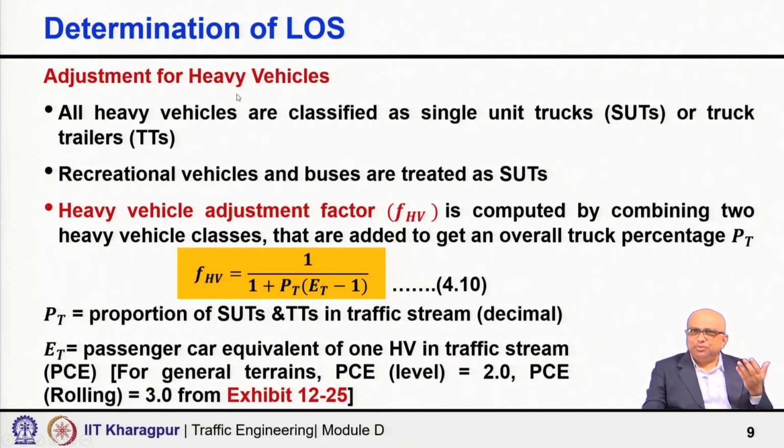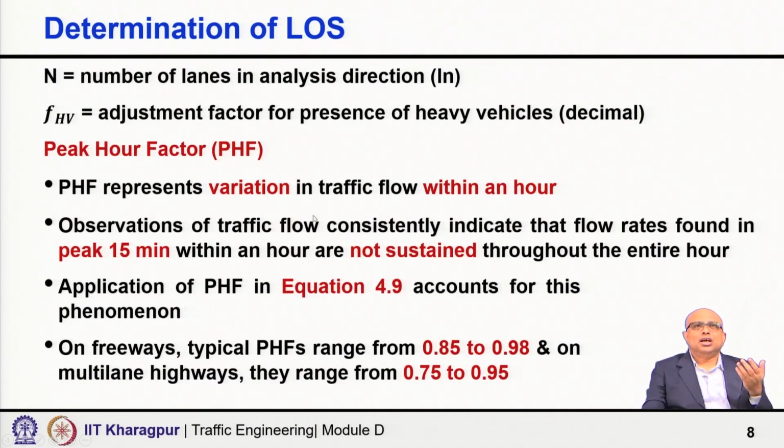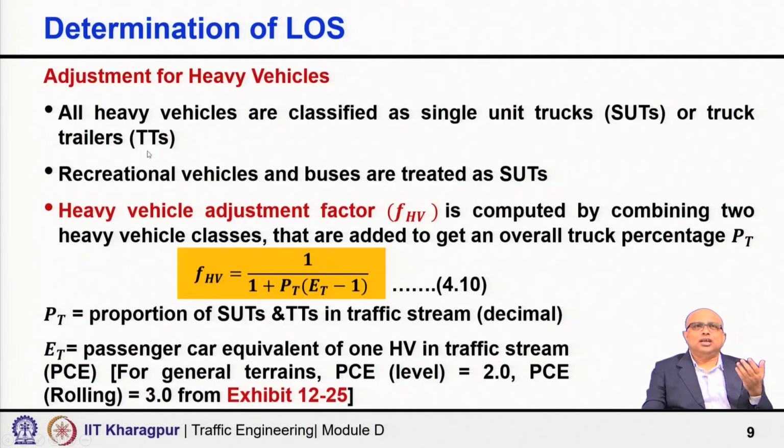Then the adjustment for heavy vehicles, that is the next one, FHV. As I said, all heavy vehicles are classified as single unit trucks, SUTs, or truck trailers, TTs. Recreational vehicles and buses are considered as SUT.